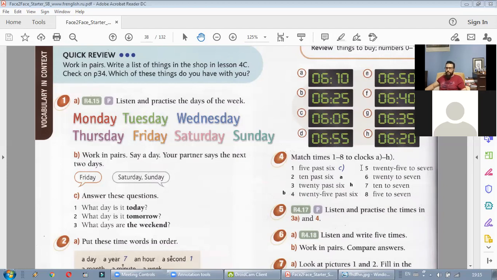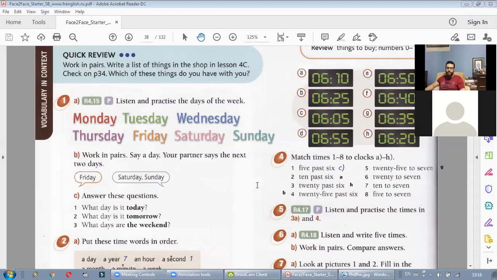Okay, so let's start. Number 5, 25 to 7. Which one is 25 to 7? G. Correct? You're right. This is correct. 25 to 7 means you still have 25 minutes until 7.